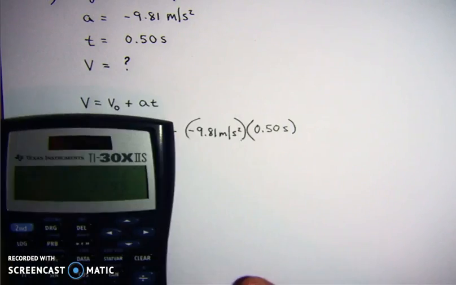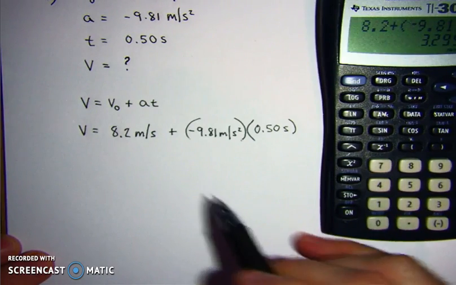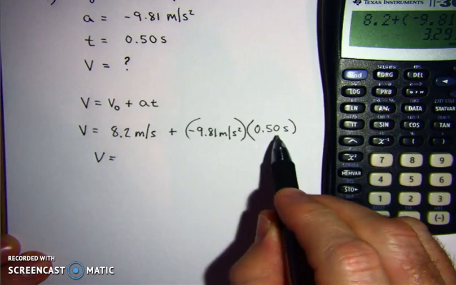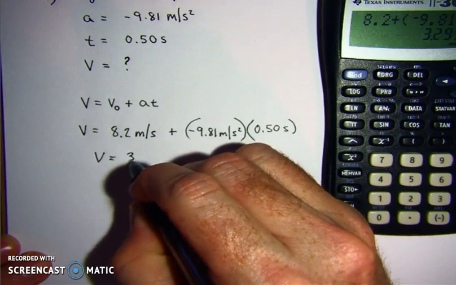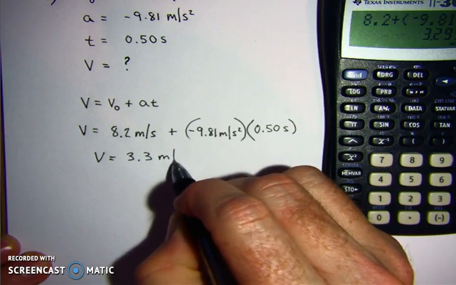And that equals 3.295, which we could just say 3.3. So our final velocity after half a second is equal to 3.3 meters per second.